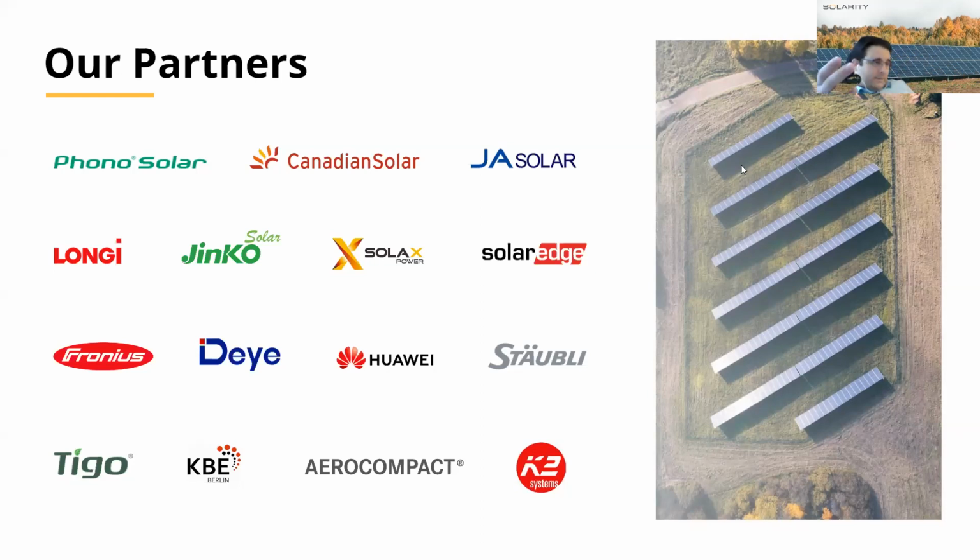Moving on, we also have SolarEdge, Israel, Solax, China, Fronius, Austria, Deye and Huawei also from China, as you know very well, and Staubli connectors, Tigo optimizers, cabling from Germany, KBE 4 and 6 millimeter, and finally construction mounting systems, K2 Germany and Aero Compact Austria.